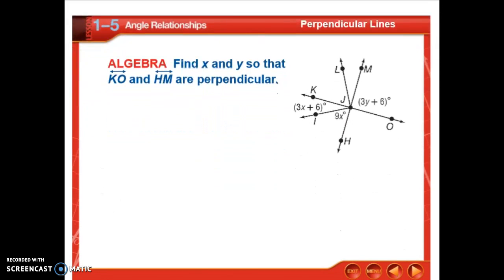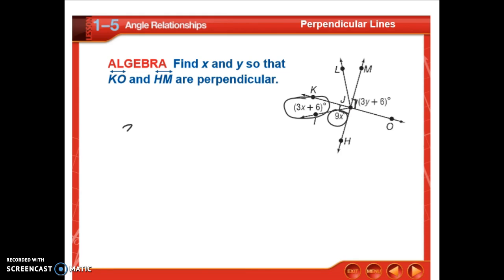So on this example, find x and y so that KO and HM are perpendicular. So let's find KO. There's KO right there. HM is right there. They're 90 degrees to each other. So we'll put that little symbol in there. That also means that this one is 90 degrees. So do you see it? 3x plus 6 and 9x. If I add those together, it's 90 degrees.